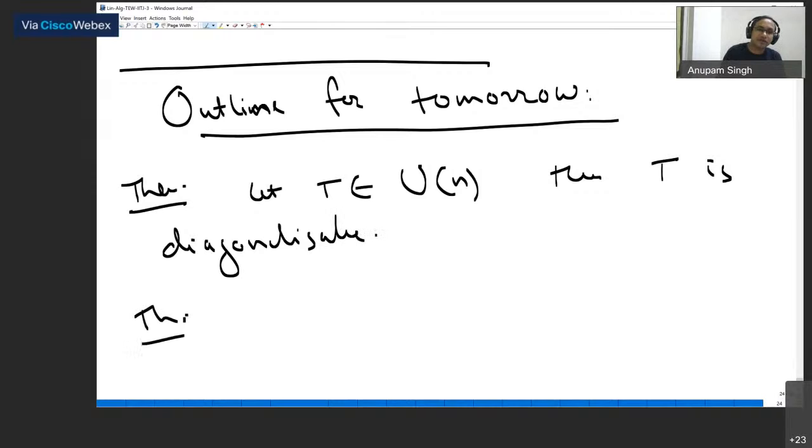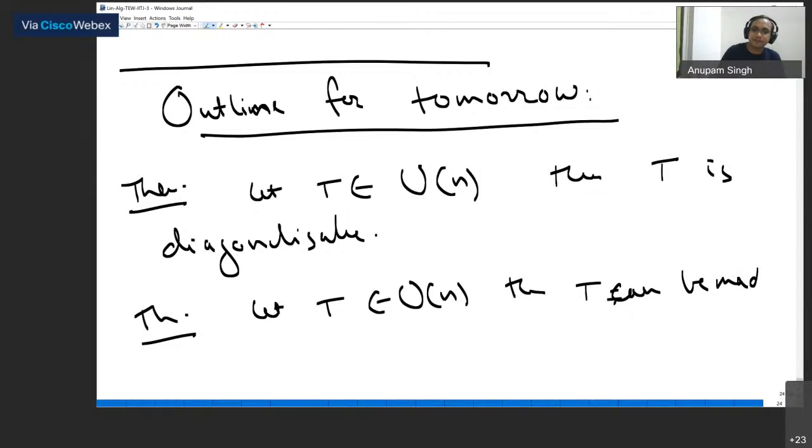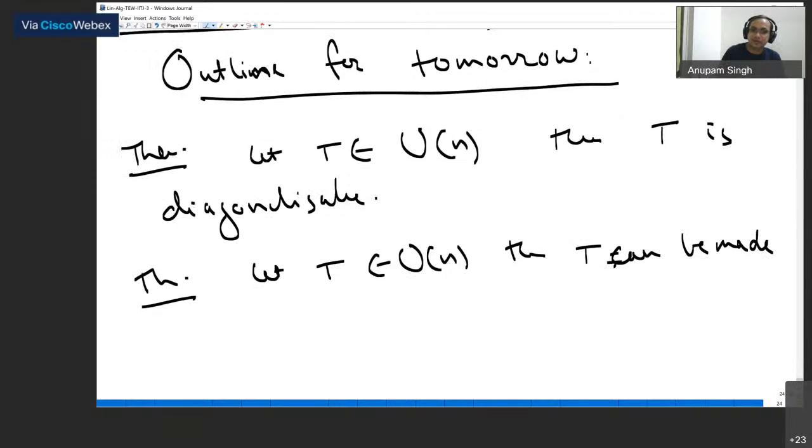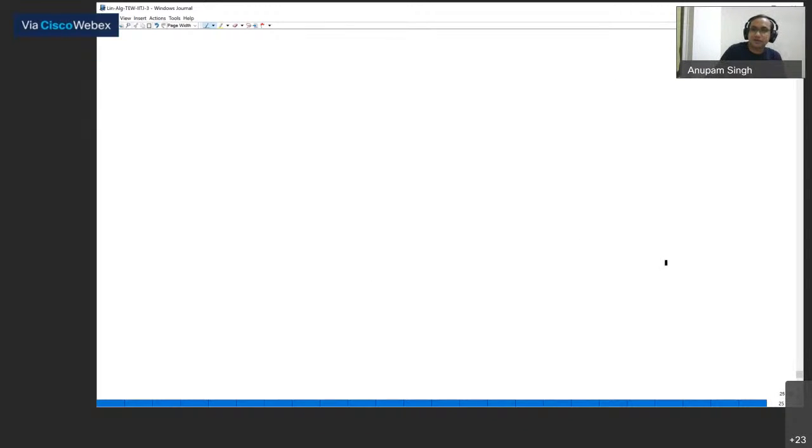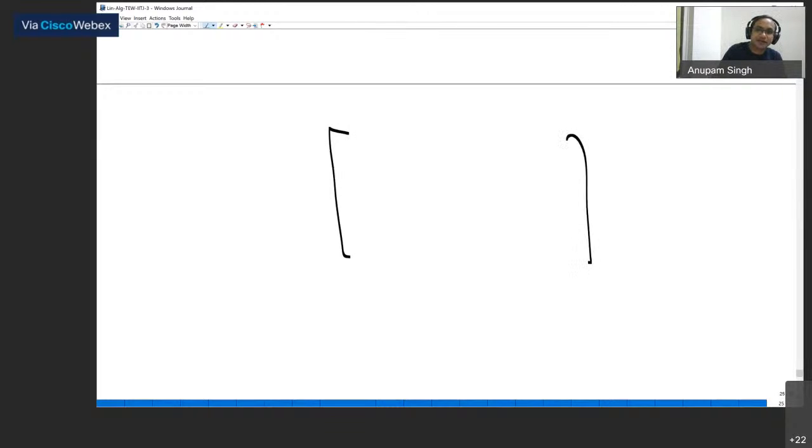A similar theorem for real can be said, but it's not exactly diagonalizable, but it is a little more complicated. If I take something in ON, then T can be made like so: there'll be some diagonal lambda 1, lambda 2 up to some lambda r, and then there'll be some 2 by 2 blocks.